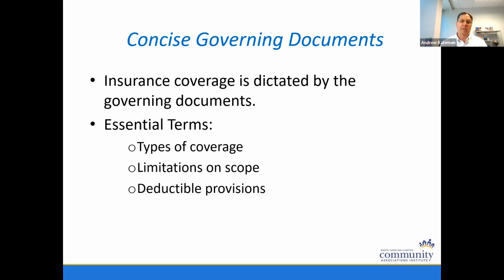This is how you get coverage for the interior of a unit or the improvements or betterments, like your flooring, your countertops, your cabinetries, if you've done a major upgrade in your bathroom or the kitchen. It's all covered on the HO6 policy for a condominium. And that HO6 policy will work very well on a townhome that has property also. It functions the same way.